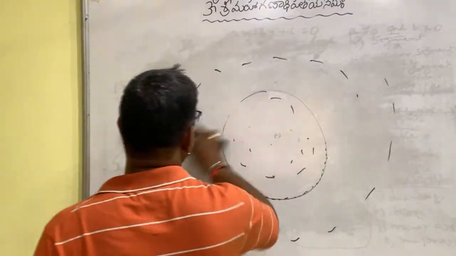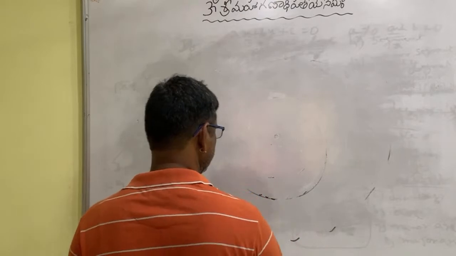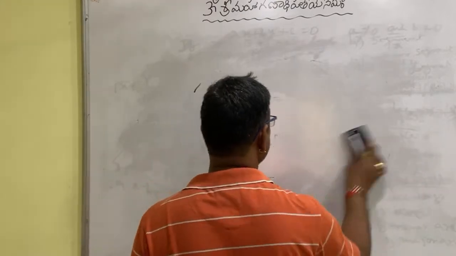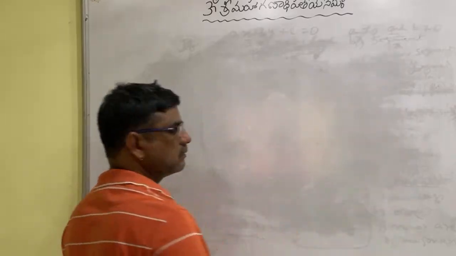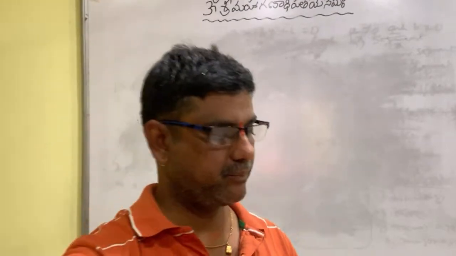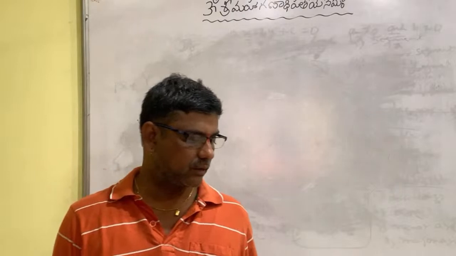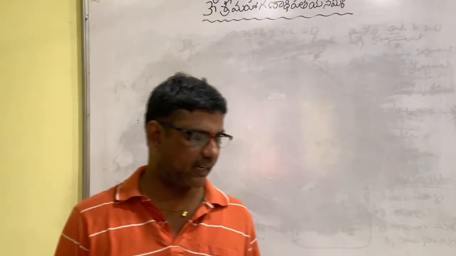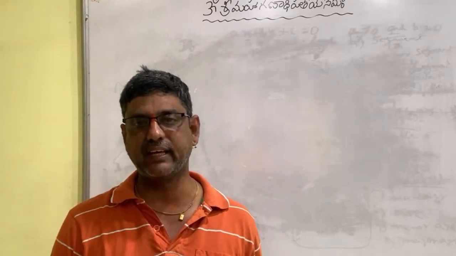Right. Next question. True or false? And you need to give the reasons also. Line segment joining the center to any point of the circle is radius of the circle. Is it right?